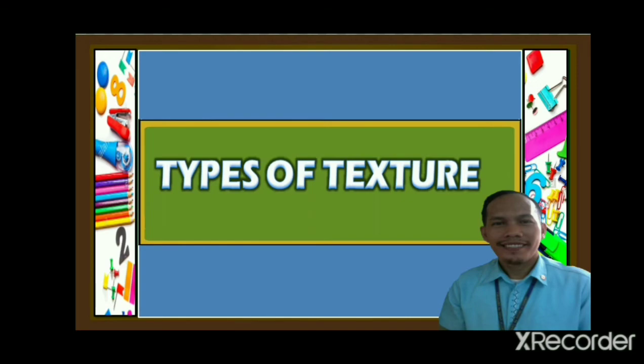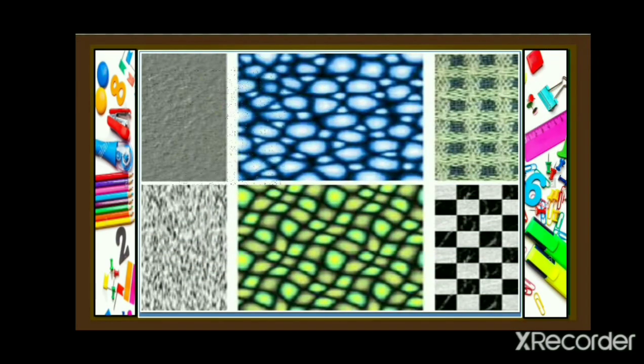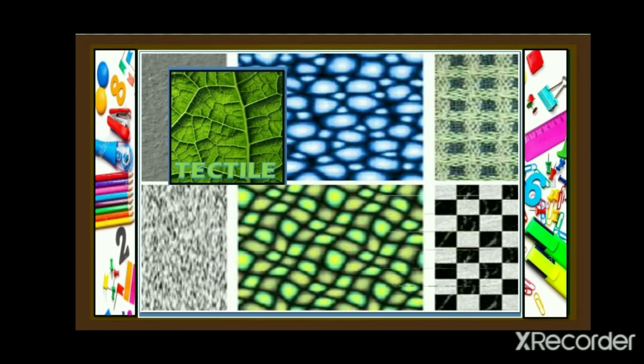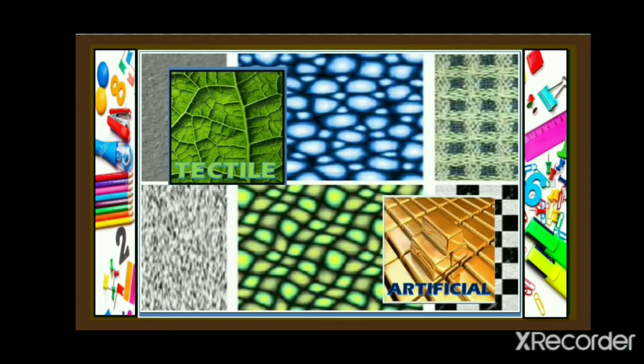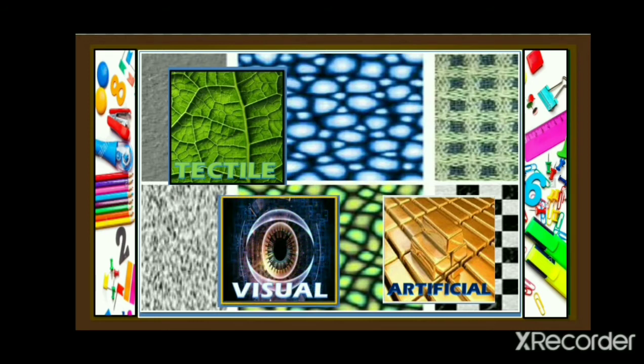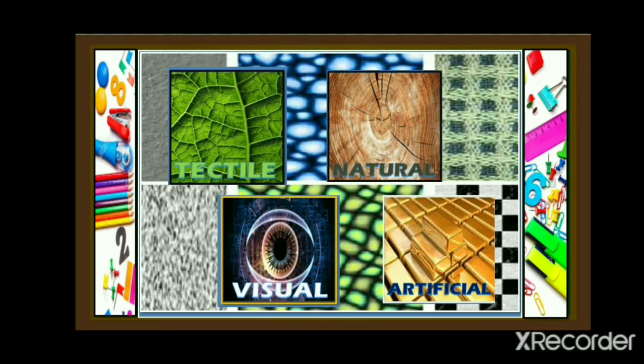So these are the types of texture: the textile, artificial, visual, and natural.